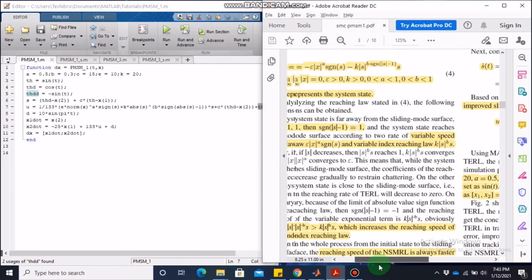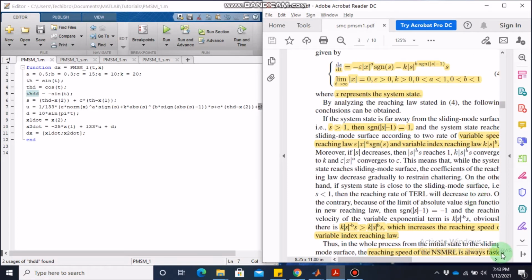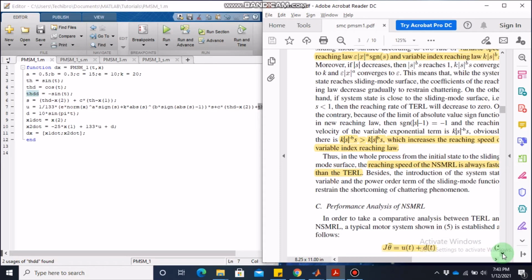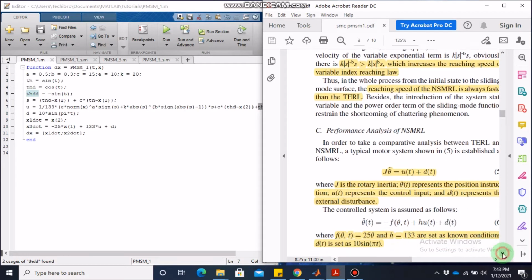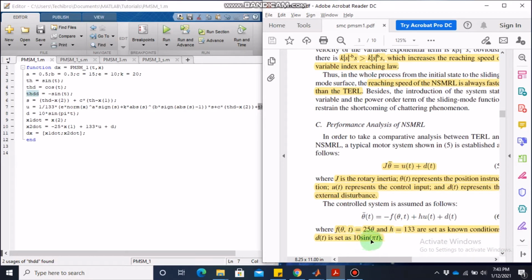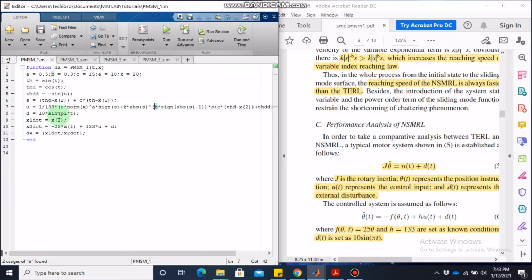If you go down here, so this is 10 times pi t, this is the value of d, and the equations, of course, the first derivative of the theta is equal to theta dot, and the derivative of the theta dot is equal to minus f of theta t, which is 25 times theta, plus 133 times u plus d.